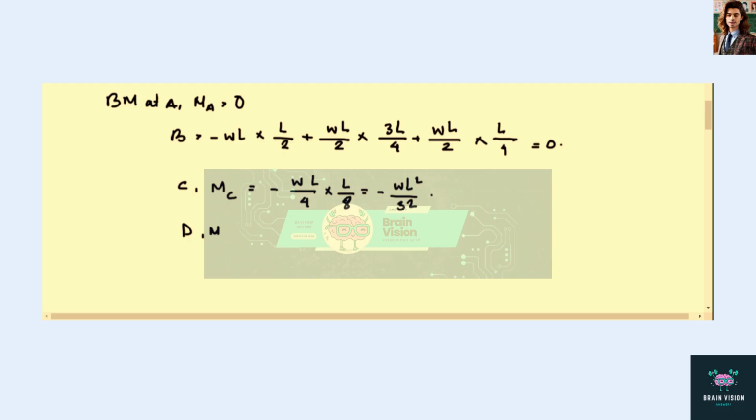Bending moment at D, MD, is minus 3WL upon 4 multiplied by L upon 8 plus WL upon 2 multiplied by L by 2, that is equal to minus WL square upon 32.